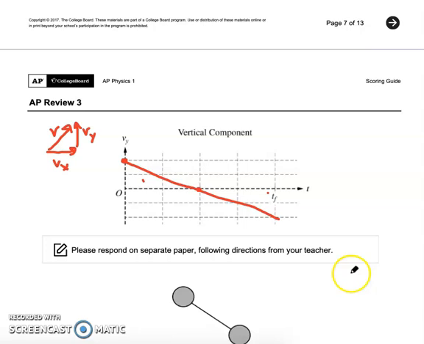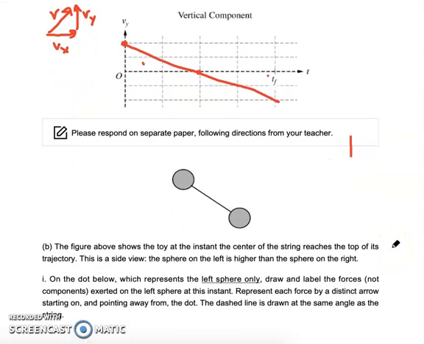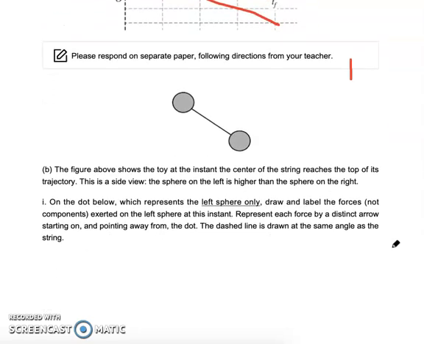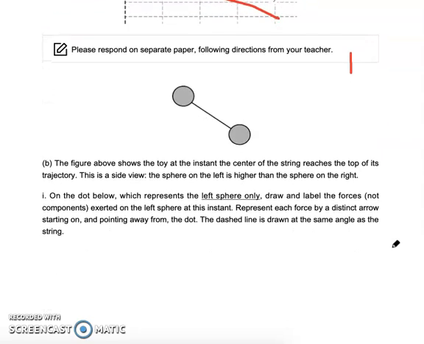Okay, now they get into the part where it's rotating around and see if you understand how to deal with that. So the first one is draw a force diagram for the left sphere only when it's at the top of its trajectory. Okay, so on the left sphere, there's definitely gravity pulling down on it, and that's always straight down.